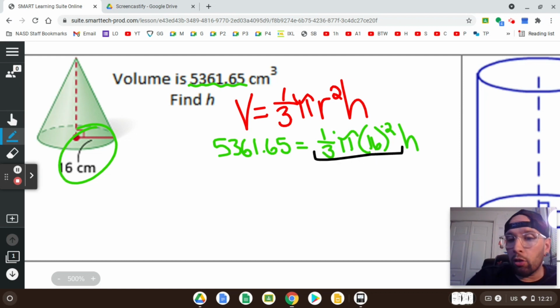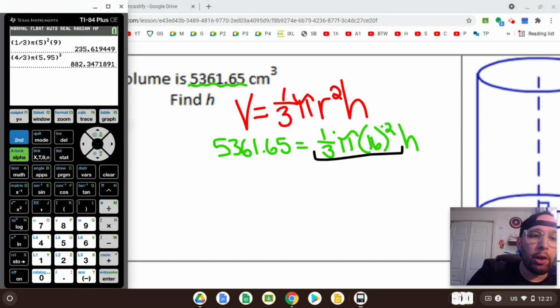So I can do 1/3. 1 divided by 3 pi is second, caret 16 squared.